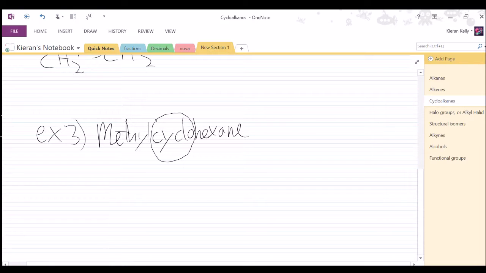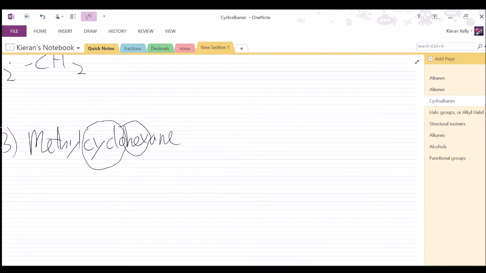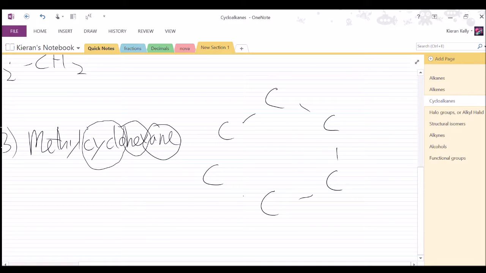And then the next one we notice is hex. Hex is the prefix for 6, so we know we're going to have 6 carbons. So go ahead and write 1, 2, 3, 4, 5, 6 carbons. We have this ending ane, so we know they're all singular bonds. Go ahead and put in their bonds here.